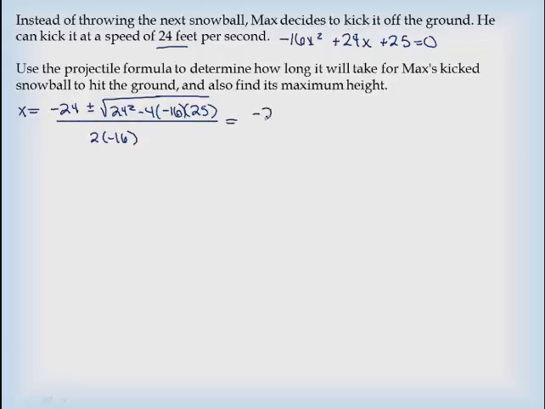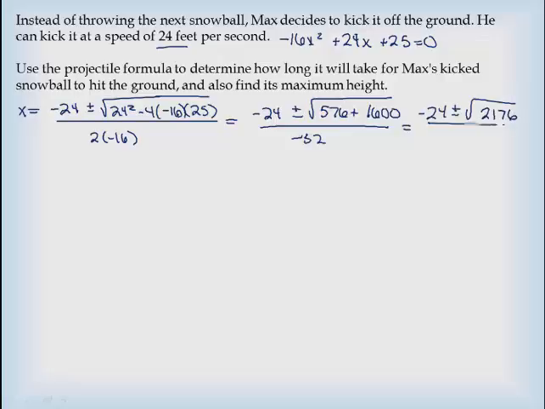So I have negative 24 plus or minus the square root of 24 squared, which is 576, plus 1600, all over negative 32, which is negative 24 plus or minus the square root of 2176 over negative 32.